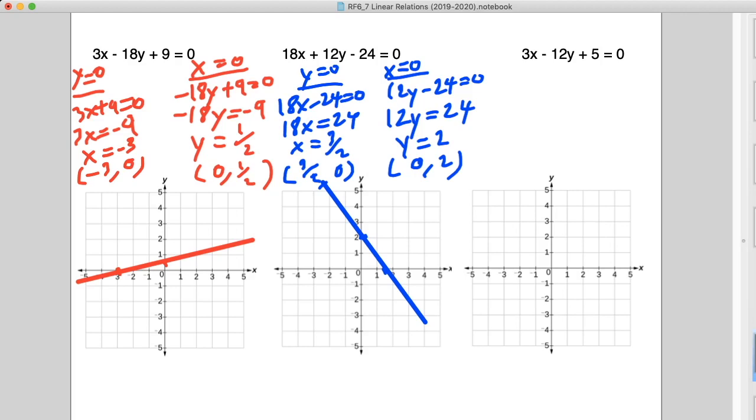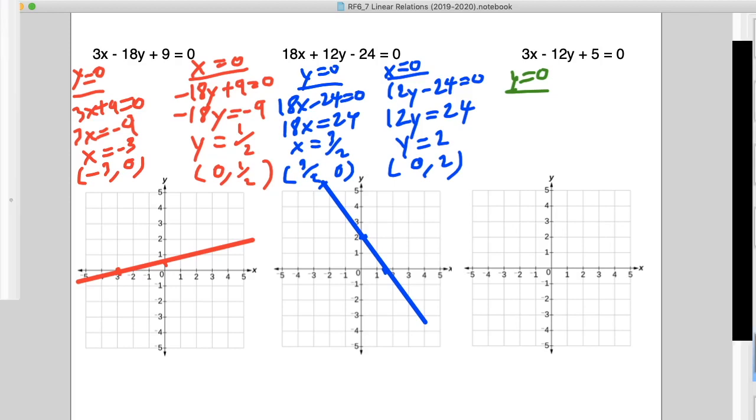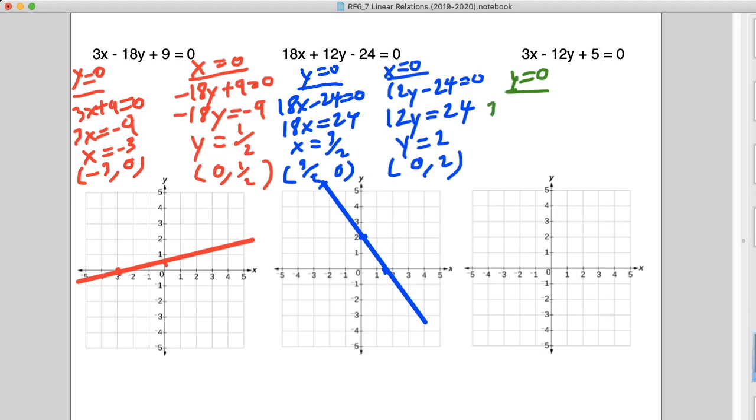Now, our final example of today's video, we're going to once again start off with y is equal to 0. When y is equal to 0, our whole middle term here disappears. So we'll have 3x plus 5 is equal to 0. I'm going to subtract 5 from both the left and the right hand side. So I'll have 3x is equal to negative 5.